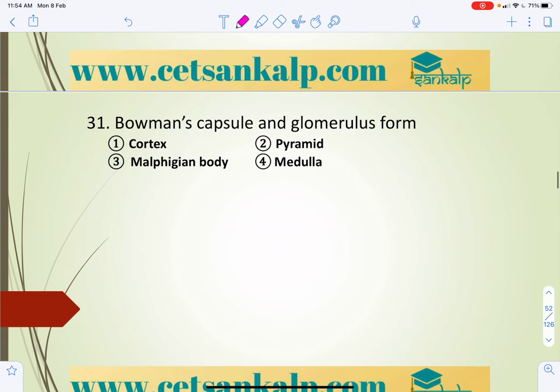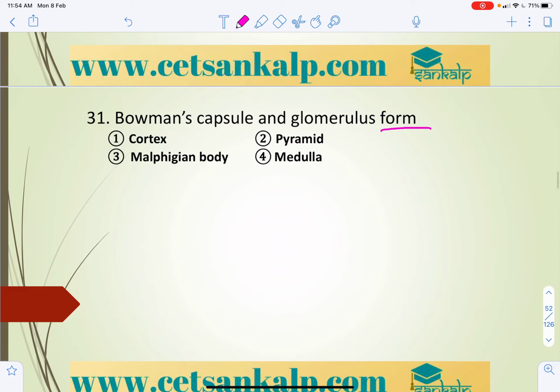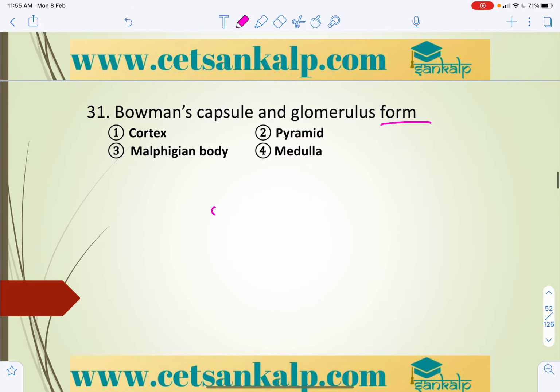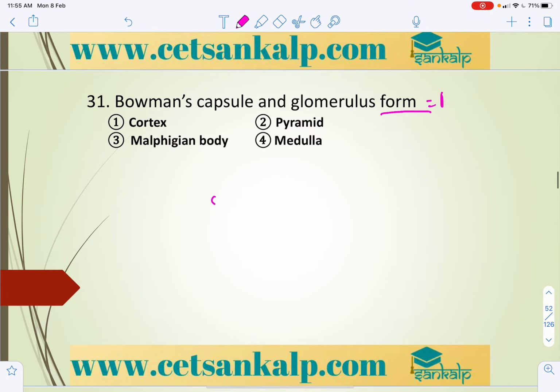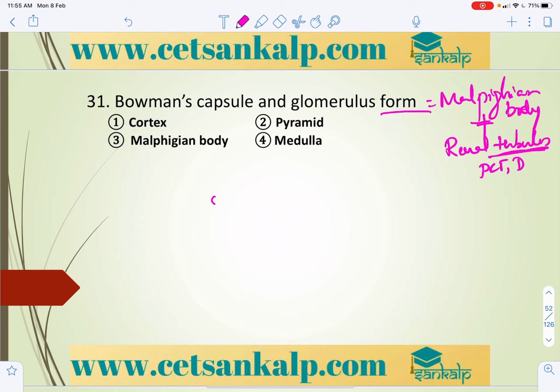Next, Bowman's capsule and glomerulus form. As I mentioned, both Bowman's capsule and glomerulus form a Malpighian body. There are two parts of the nephron: the Malpighian body, and one more, the renal tubule. The renal tubule includes all those tubules of the nephron, which includes PCT, DCT, endless loop, collecting duct.